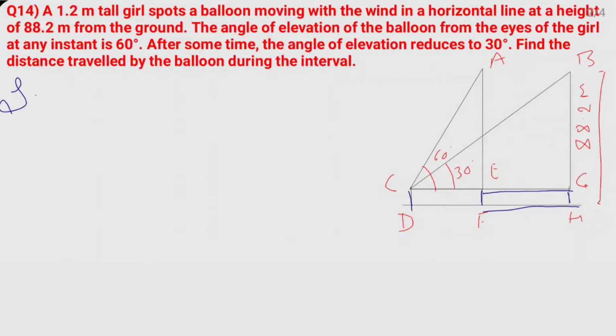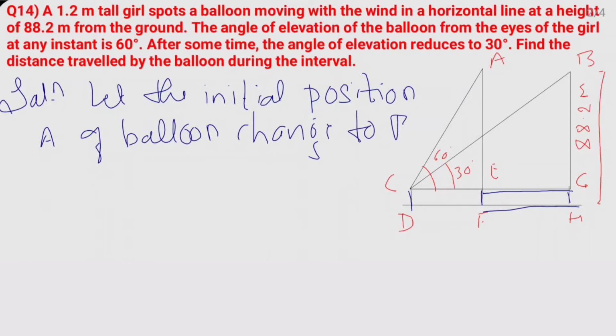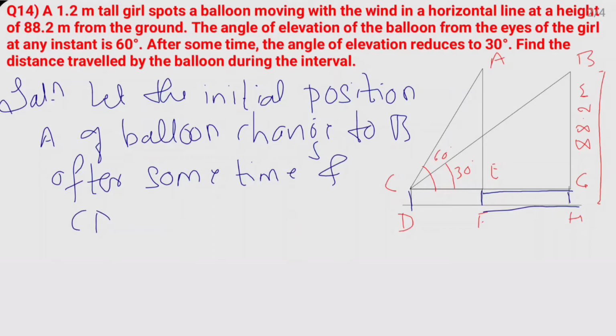Solution here. Let the initial position A of the balloon change to B after some time, and CD be the girl.